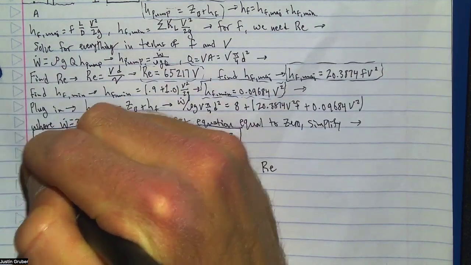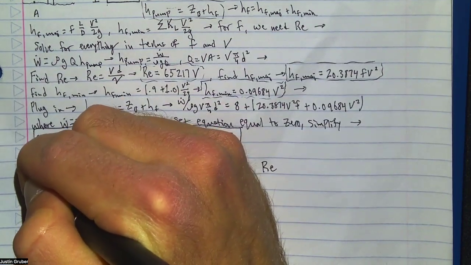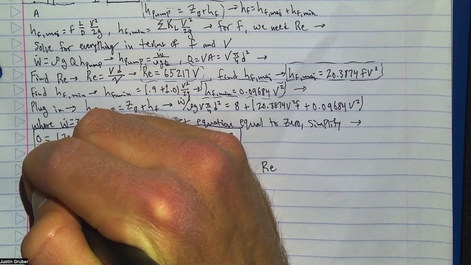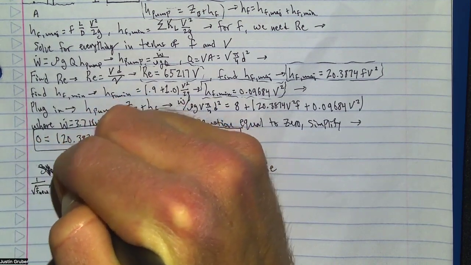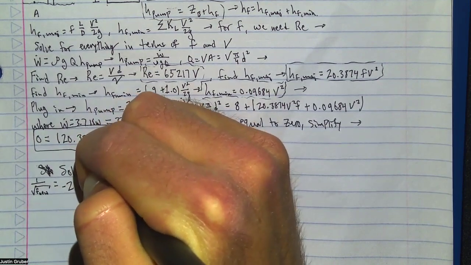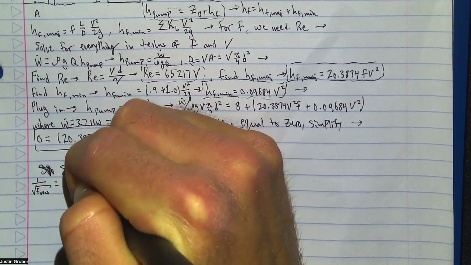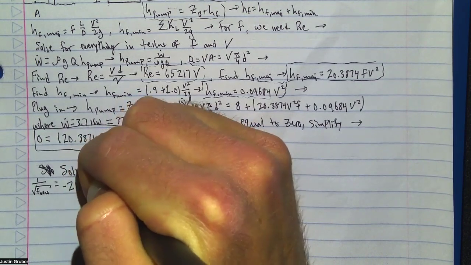The Colbert equation is 1 over, and this is my notation for it, I like writing F nu, equals -2 log. It's actually my favorite way to solve stuff like this.